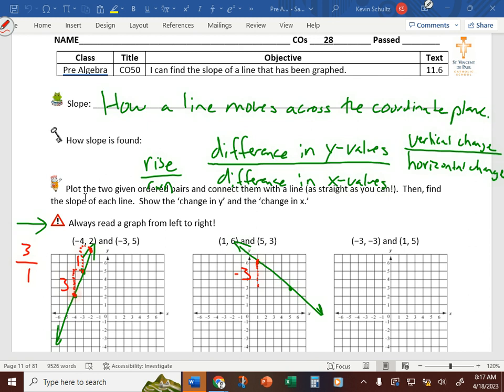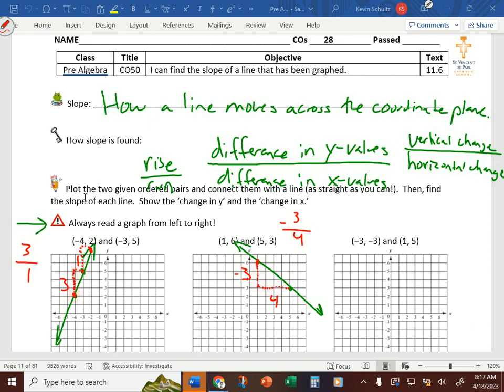And then how far is my horizontal change? How far did I go over? 4. And so the slope of this line, how it moves across the coordinate plane, negative 3 over 4. Okay? Negative 3 over 4. And notice where I put that negative sign, I put it with the 3.